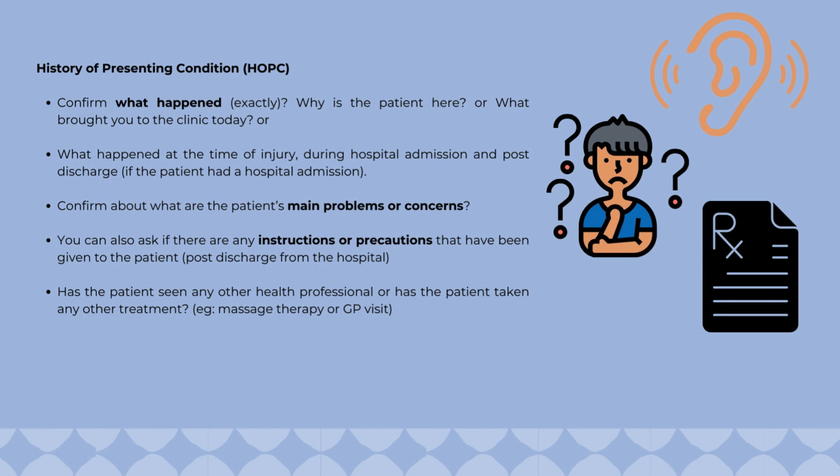So it's your duty to remember the relevant precautions and instructions that would be required in case of, let's say, total hip replacement or total knee replacement, or surgical fixation of a shaft of femur fracture.